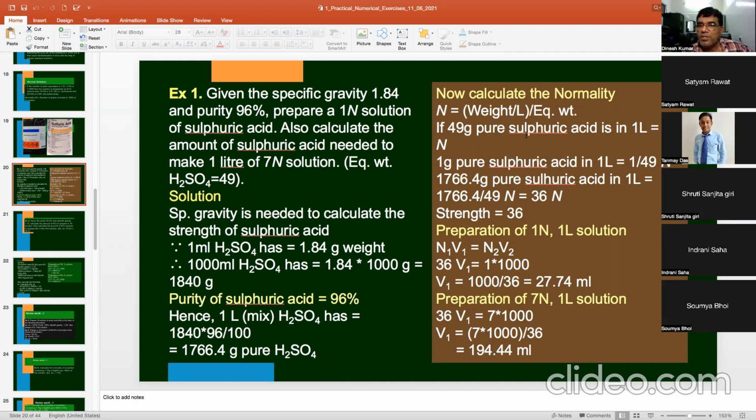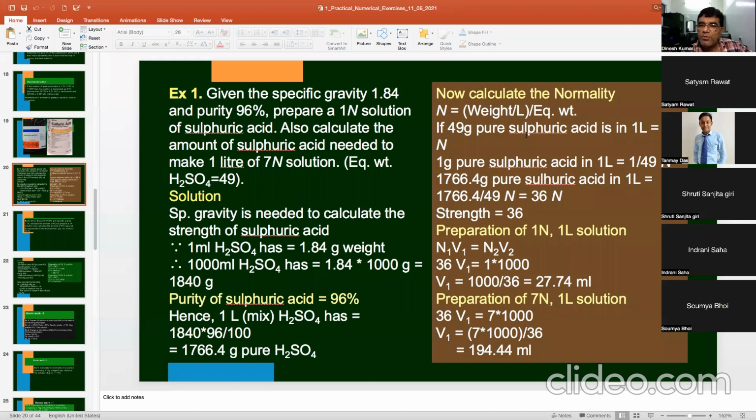If 1 gram pure sulfuric acid in 1 liter, then 1 by 49 normal. If it is 1766.4 gram pure sulfuric acid in 1 liter, then normality will be 1766.4 divided by 49 is equal to 36 normal. So strength is 36 normal.